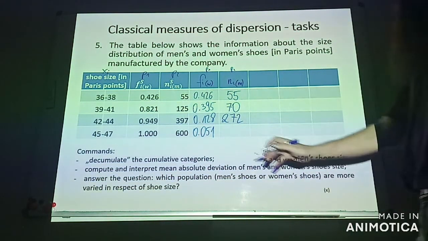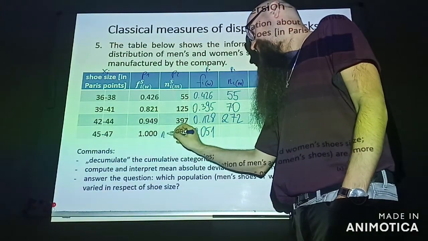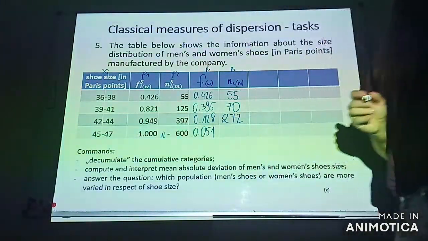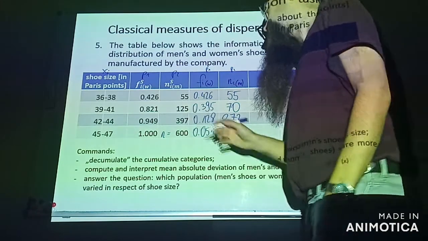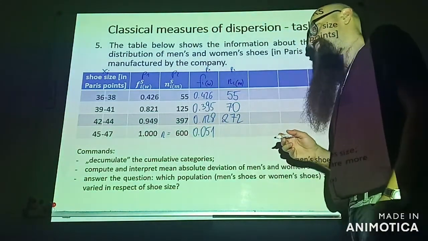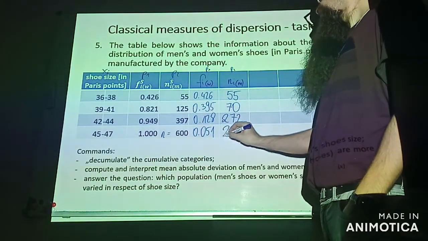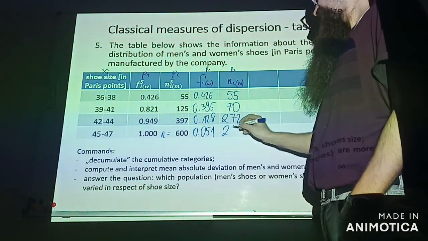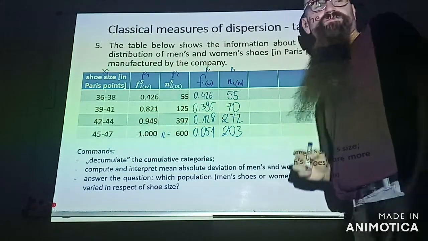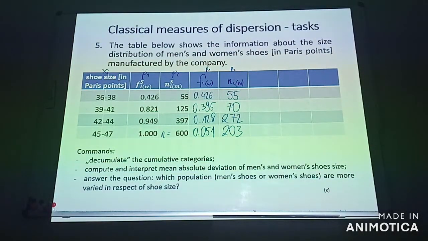And the last one is the difference between the population size of men's shoes and the previous cumulative frequency. So this is 203. Yeah. So I have decumulated all cumulative categories.